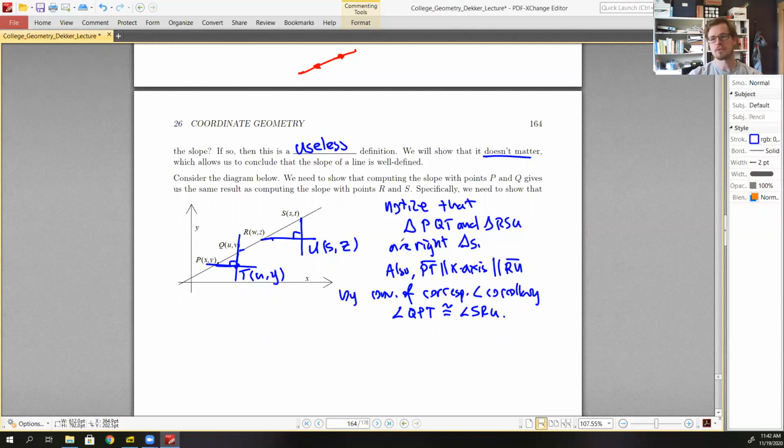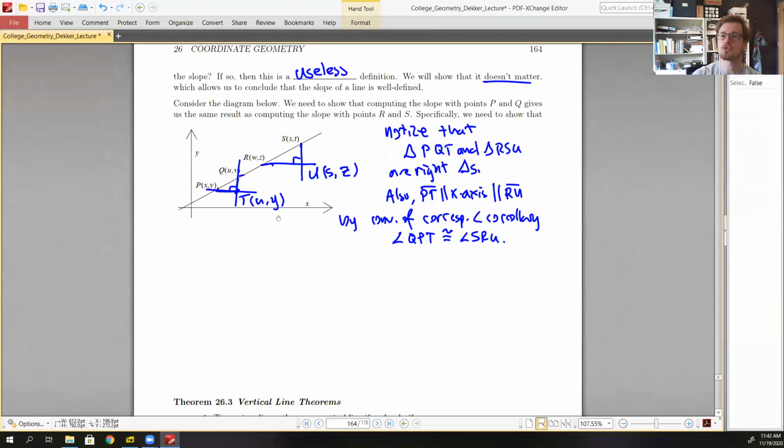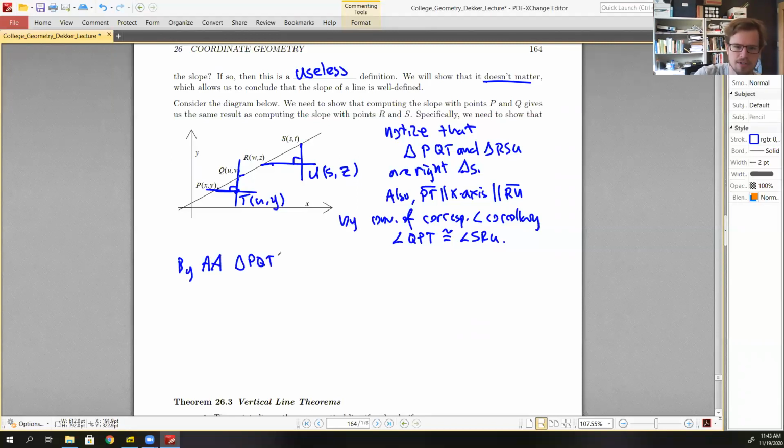Excellent. So what does that give us? Well, that tells us that this angle and that angle match, and that this angle and that angle match. Once we've identified that, then we can actually say that these 2 triangles are similar to one another. So by angle, the 2 triangles, triangle PQT and triangle RSU, are similar.